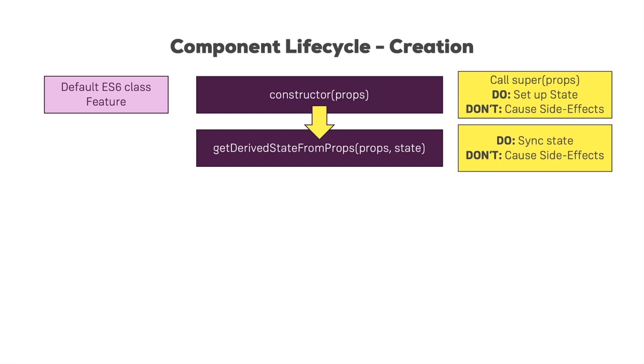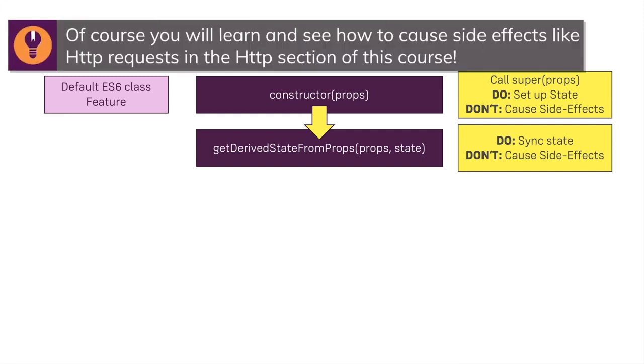But if you have some scenario where props of your component can change, and then you want to update some internal state of that component, then this is the hook to use. And I will show you how that hook works as well. Now, what you shouldn't do in there still is causing side effects. Don't send HTTP requests in that hook. There are better places for that.